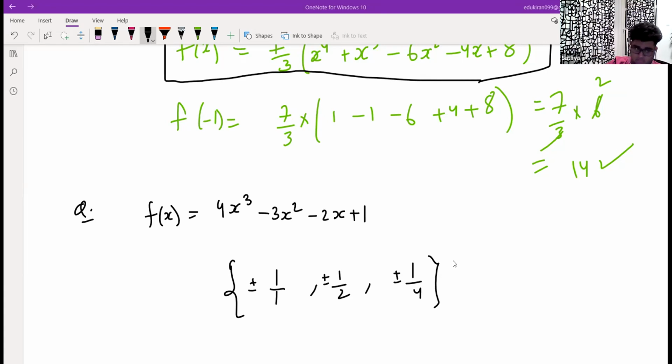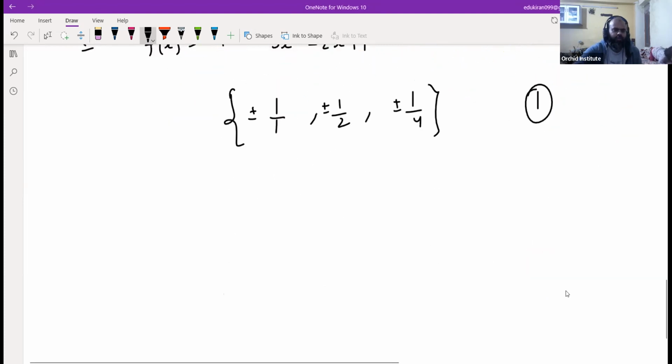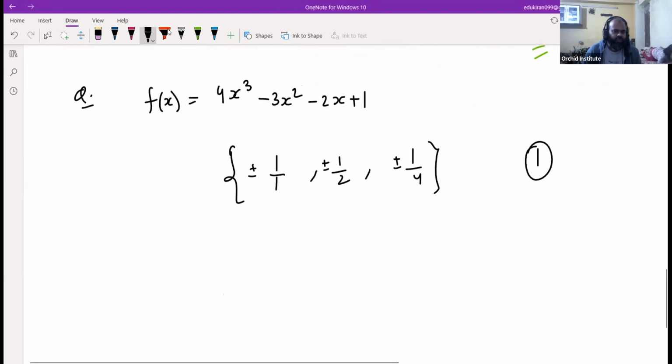I think 1 by 2 is a factor because I didn't get 1 by 1 as a factor. 1 by 1 is also a factor. If you take 1, I don't know about 1 by 2, that we can find, but 1 is the first one if you check. If you put 1, 4 minus 3 minus 2 plus 1 will become 0. Straightforward.